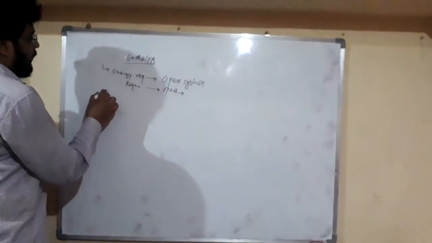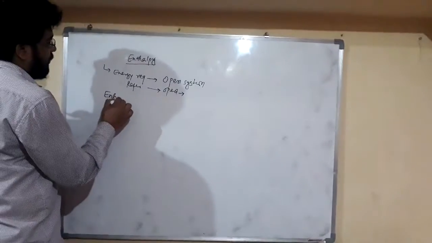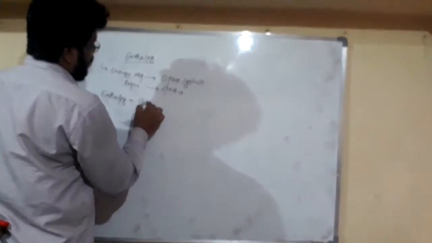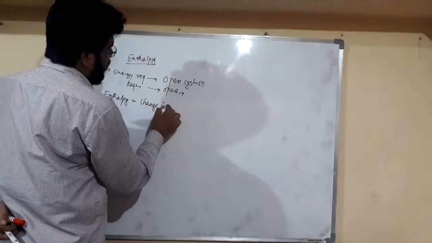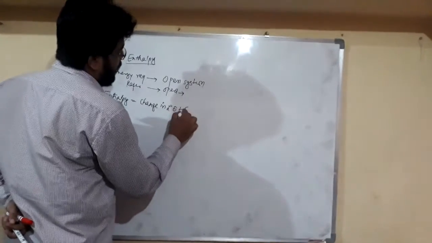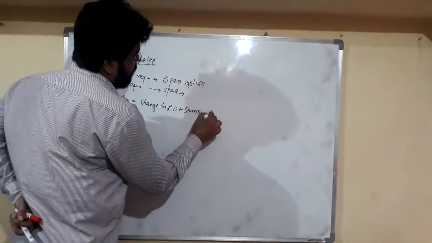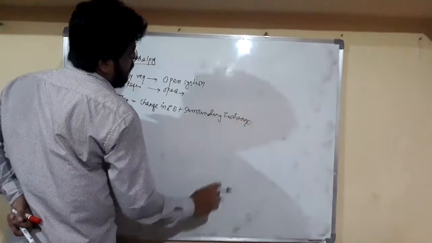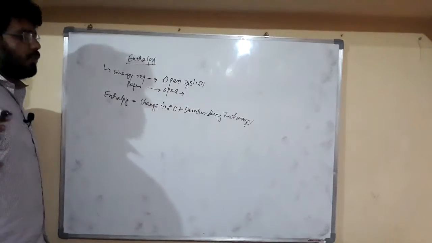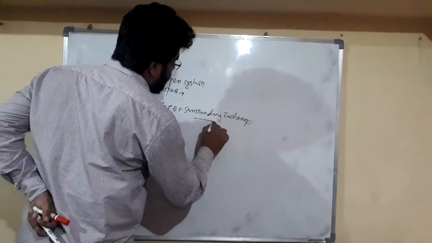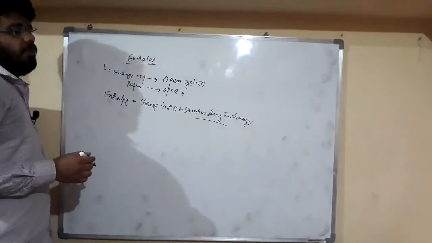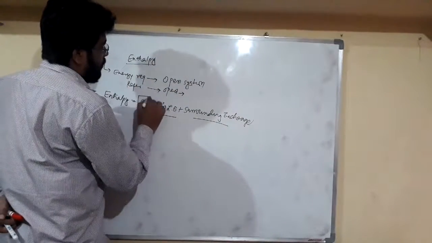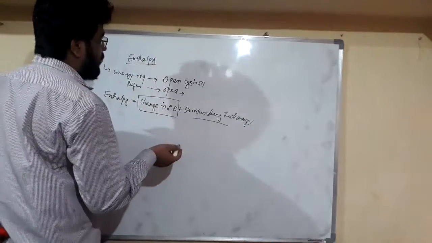Friends, enthalpy is the sum of change in internal energy plus surrounding exchange. Friends, in our closed system there is no surrounding exchange, so we have taken only internal energy in case of our closed system, but our system here is open.